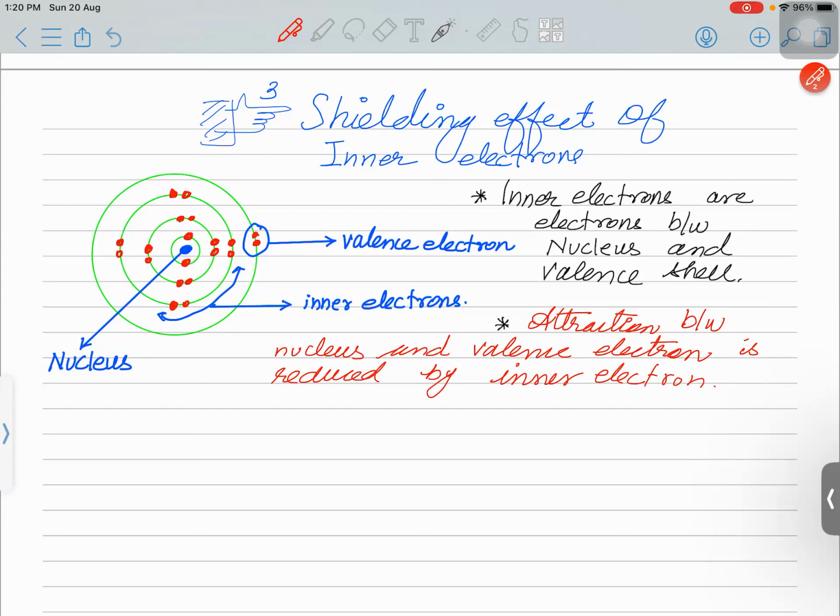This effect is called the shielding effect of inner electrons. This reduction of nuclear attraction due to inner electrons is called the shielding effect.